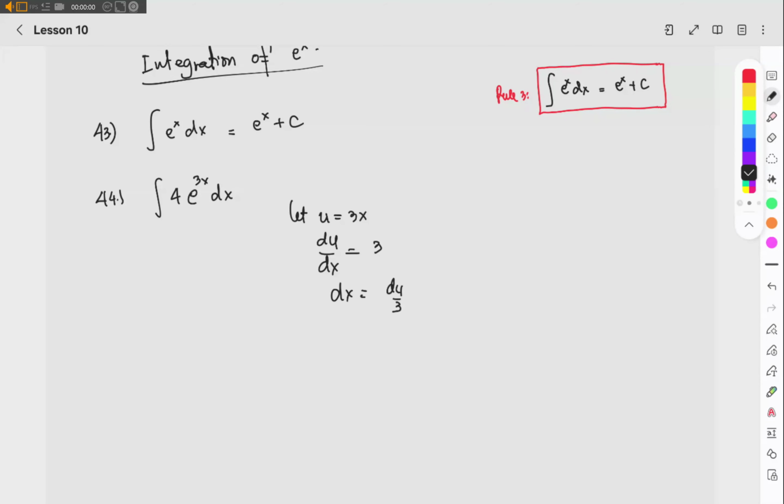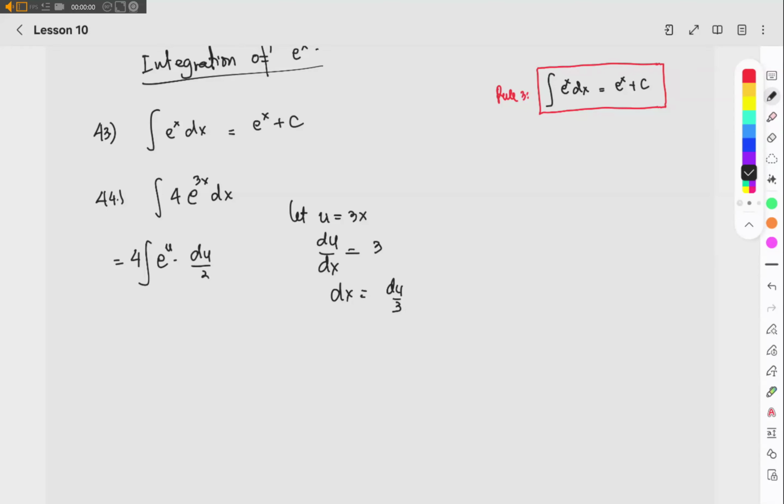Now that you have that, you just substitute it back. Integral of, you take out the constant, 4 e to the u times dx, but you know dx is simply du over 3.